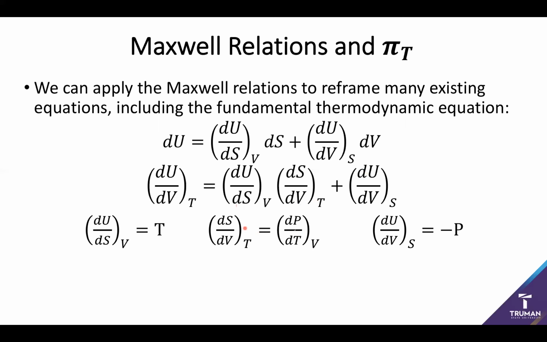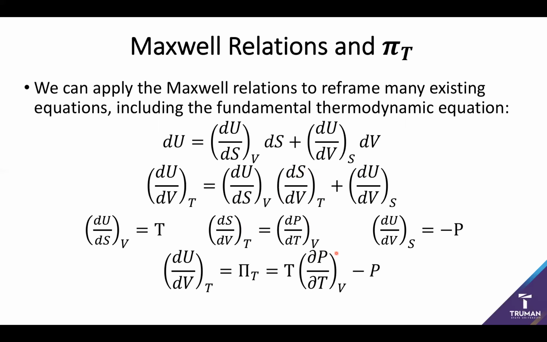But we can also, using our Maxwell relationships, generate an expression for the dS/dV at constant T, because it turns out this is the same thing as dP/dT at constant V. Well, this ends up giving us another expression to generate a description of our internal pressure for a system as a function of temperature times the change in pressure with respect to T under isochoric conditions minus P. And indeed, we've also already seen a couple of demonstrations of how we can get at this set of variables through use of our expansion coefficients.